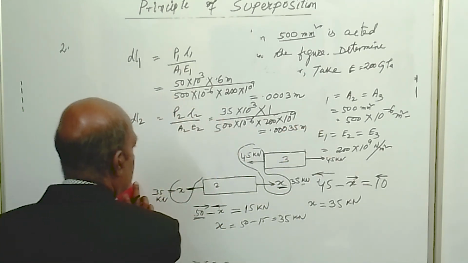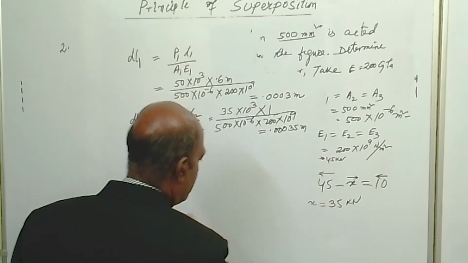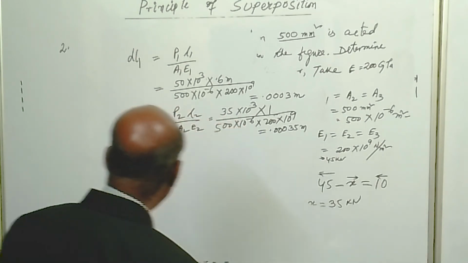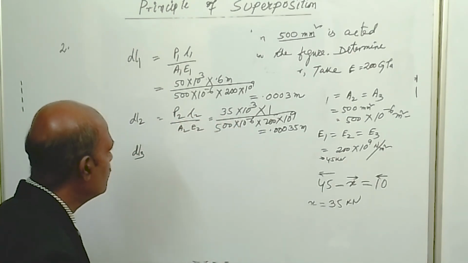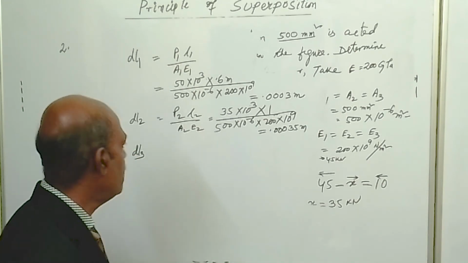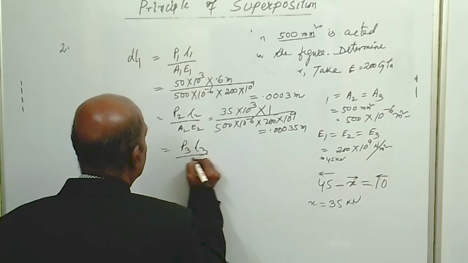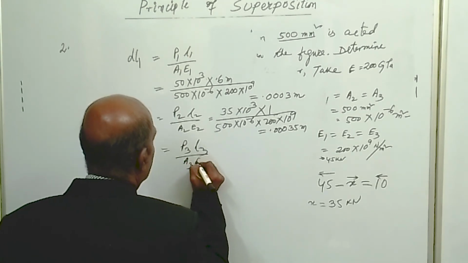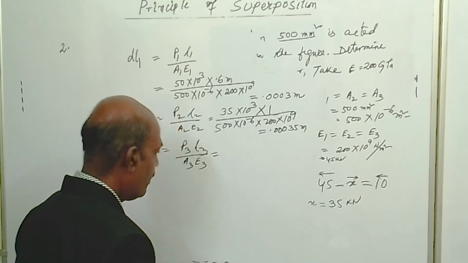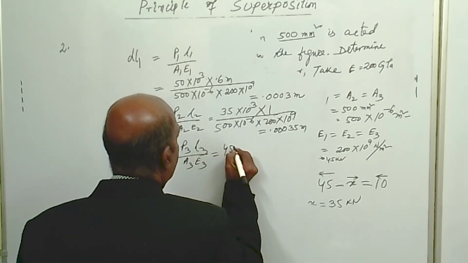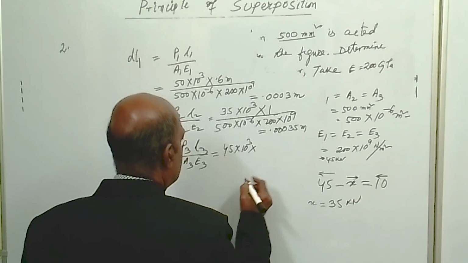and we will see the last section, that is segment 3. For segment 3, the deformation produced, dl3, is given by P3 L3 by A3 E3. P3 is 45 kilonewton, so we can write 45 into 10 to the power 3, into L3.